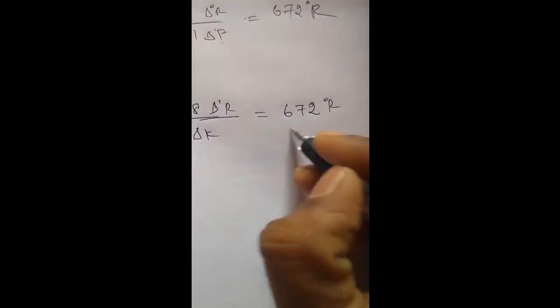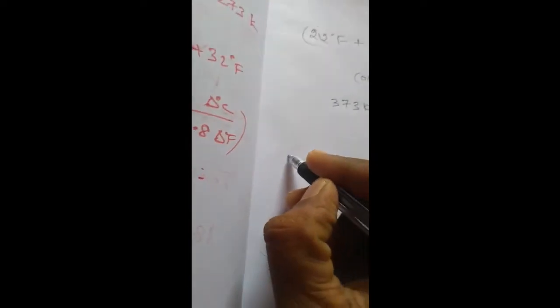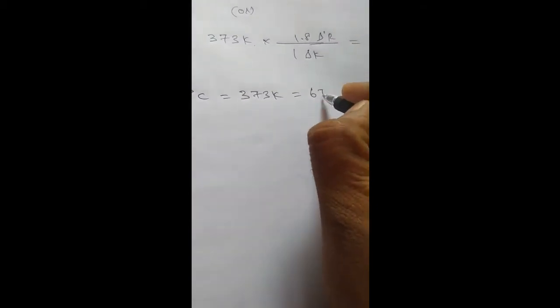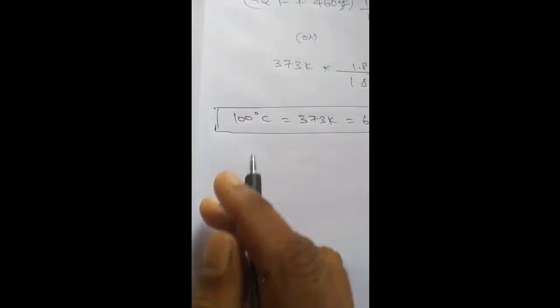What is the answer in different units? We have 100 degree Celsius is equal to 373 Kelvin, equal to 672 degree Rankine, equal to 212 degree Fahrenheit. That is the required answer.